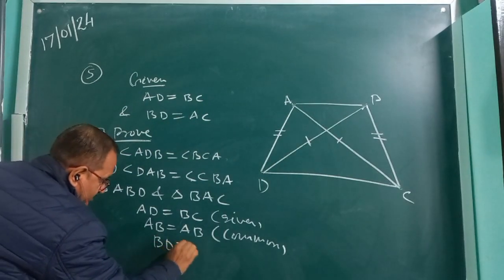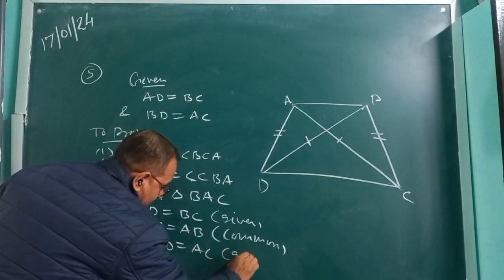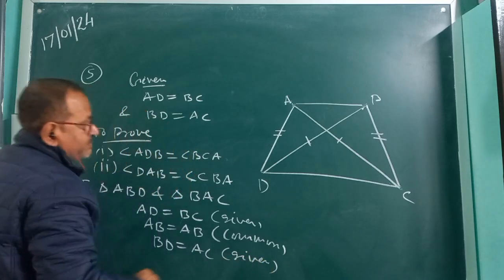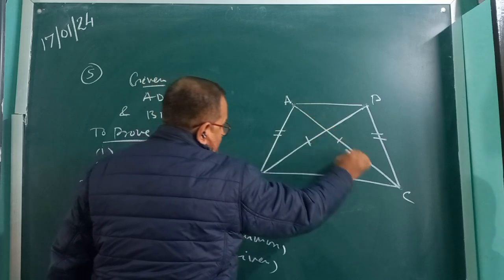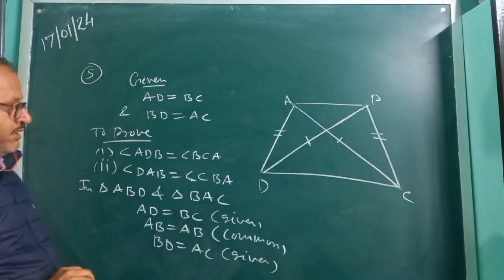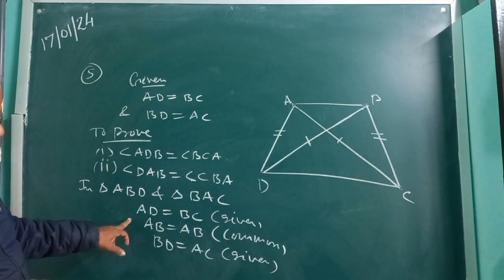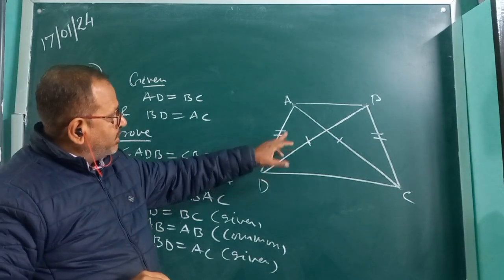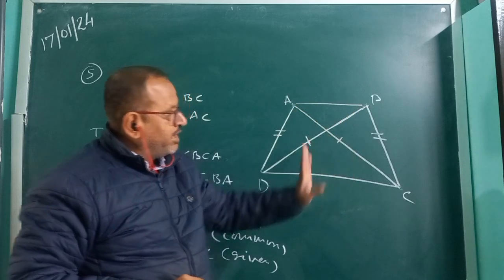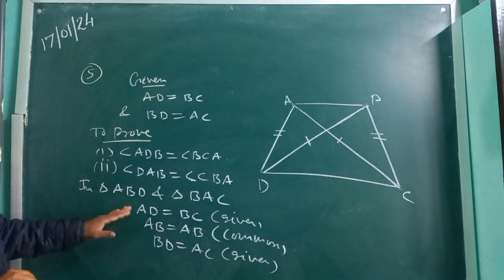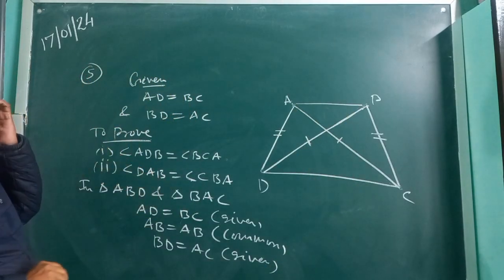And BD is equal to AC, it is also given. Diagonals BD and AC both are equal. So we can see that all the three sides of triangle ABD and triangle BAC are equal. So both the triangles are congruent.